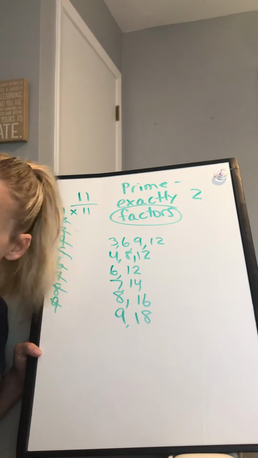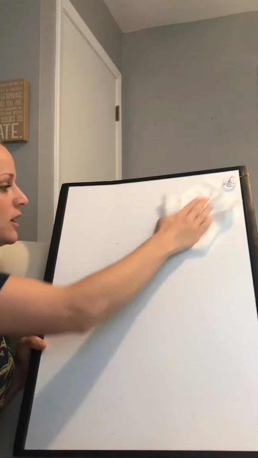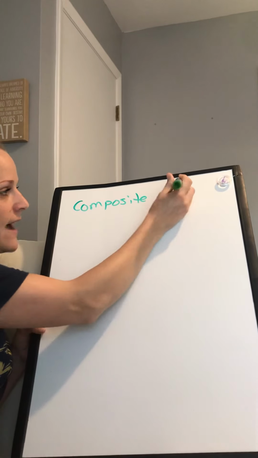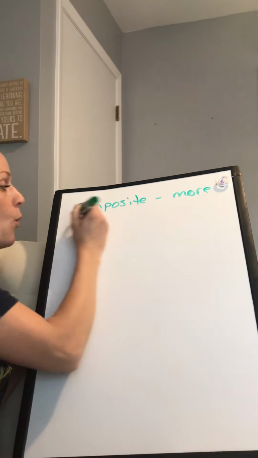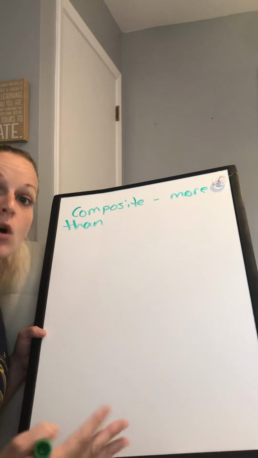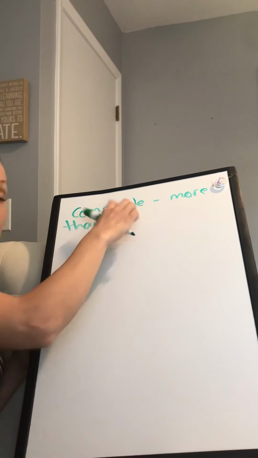Okay? Now, composite would be a number that has more than 2 factors, which means it can have 3 factors. That is possible. The number 4 I just did had 3 factors. That makes it composite still.